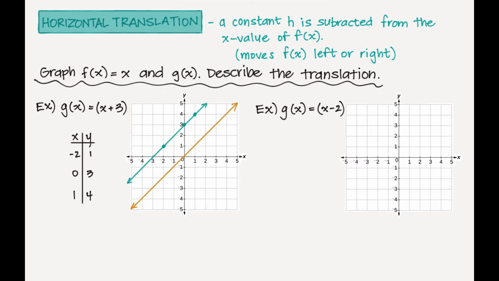And it looks kind of similar to what we did before, but this time we're focused on how it moved horizontally. So it moved to the left 3 units, and that's what we're going to write. So g of x translated the parent linear function 3 units to the left, or I could say left 3 units. And we're done. All right, let's go ahead and do the same with our next one.